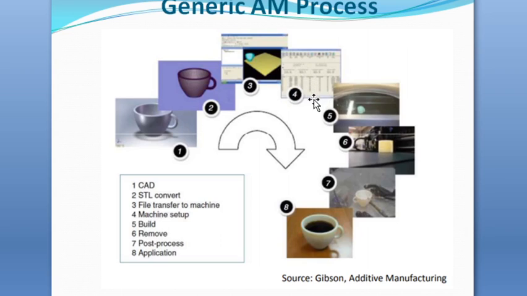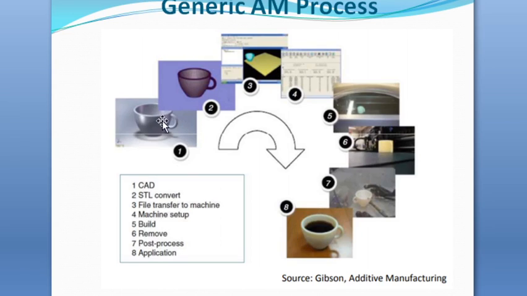Then the component is built in the machine, and after building, the part is removed from the machine. Then the seventh step, post processing: cleaning the part, removing the support structure, etc. Then finally it will be used in the application. These are the general processes involved in additive manufacturing.